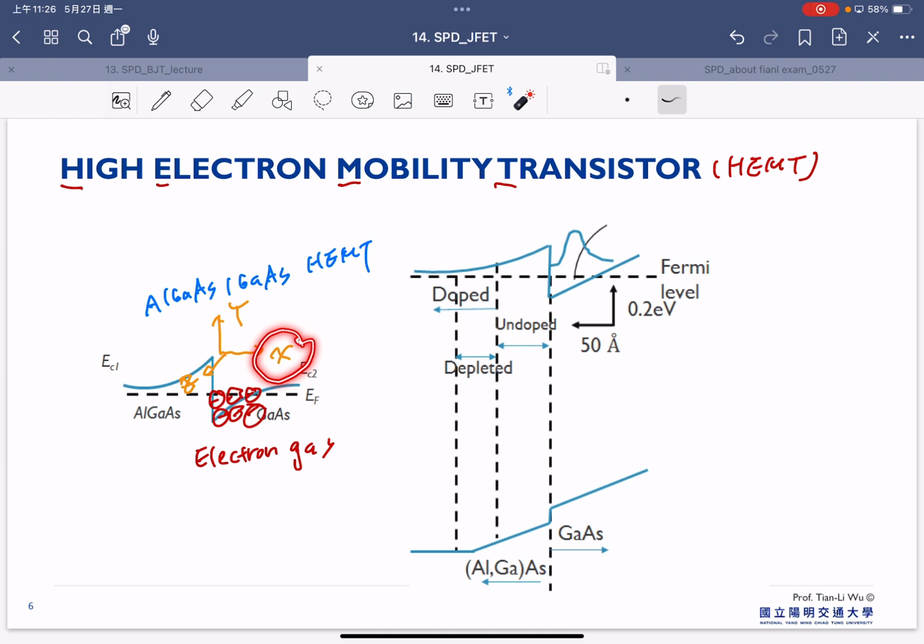The electron concentration is only distributed along y and along z, and therefore the 3-dimensional distribution has now become a 2-dimensional distribution. So that's why we call it a 2D electron gas, because right now all the electrons can be distributed along y and z, because the x direction is confined due to the quantum well here.